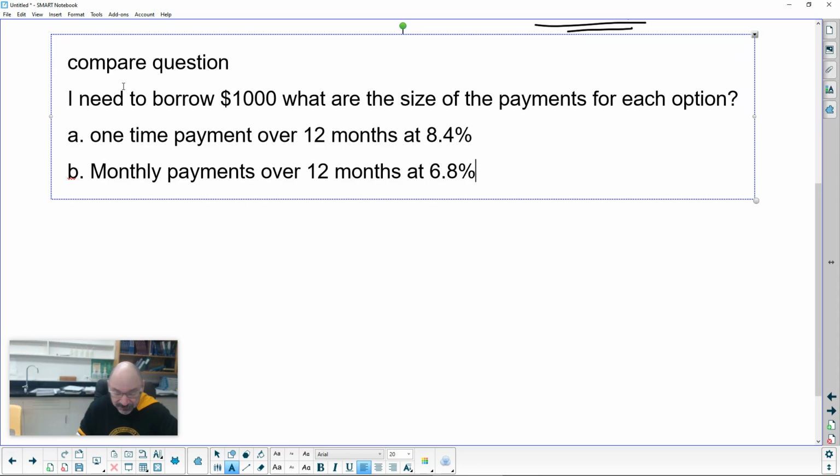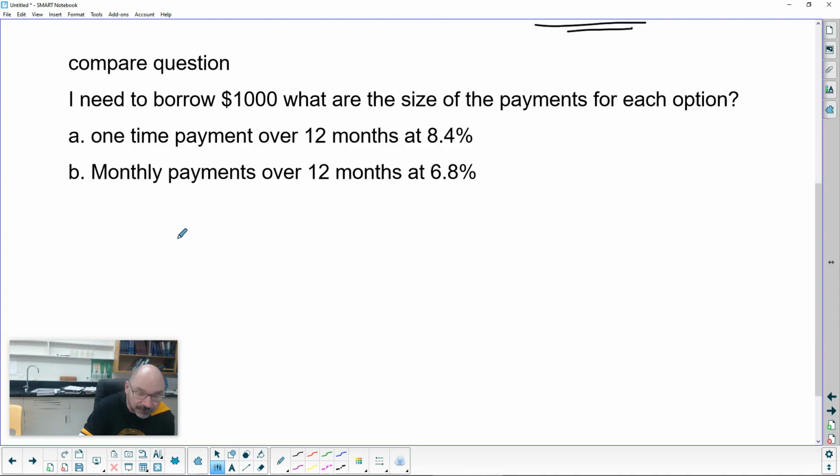Okay, so the first one is a single payment. So that means you're not going to use the regular payment stuff. You're just going to use the compound interest formula at the top. So you're just going to use the future value, that's P(1 plus i) to the power of n.